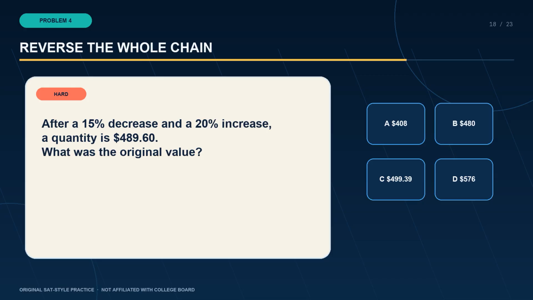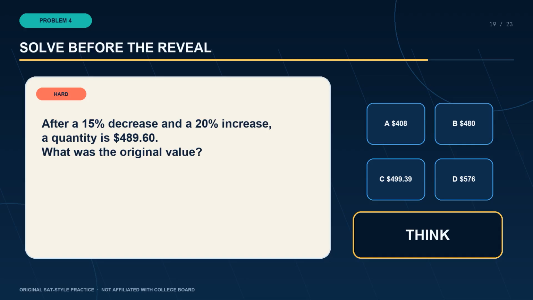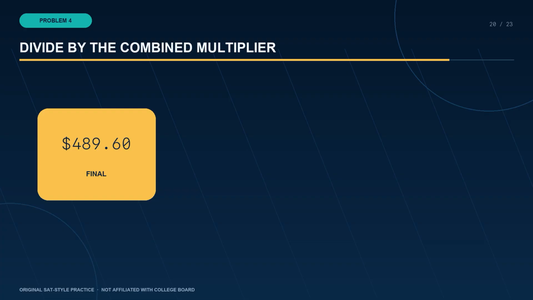Problem 4. After a 15% decrease and a 20% increase, a quantity is $489.60. What was the original value? The forward multipliers are 0.85 and 1.2.